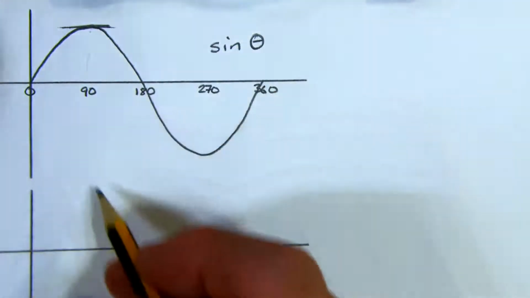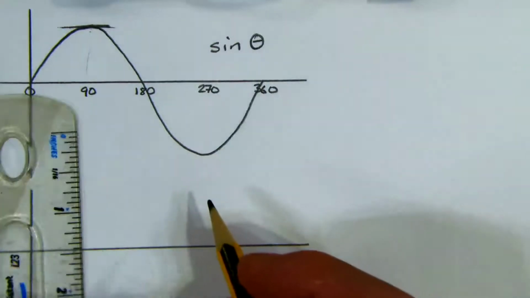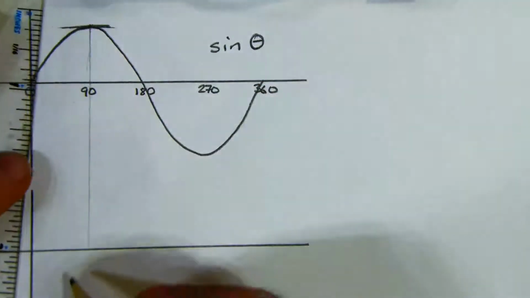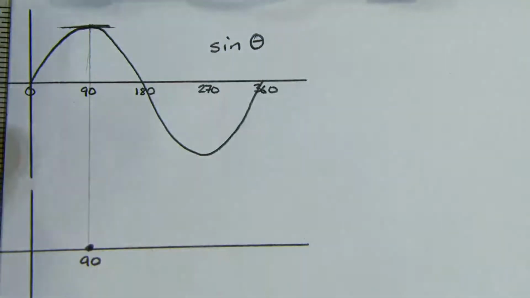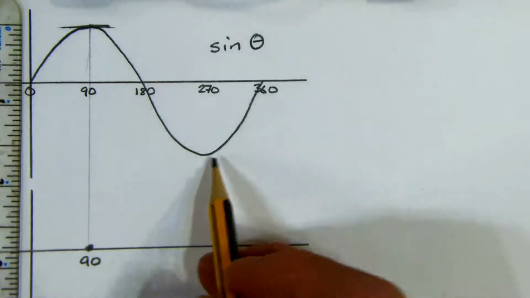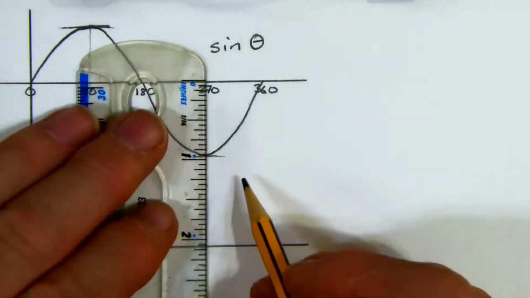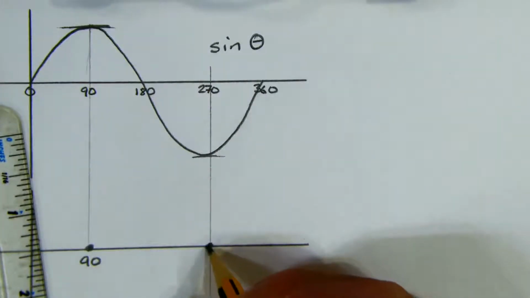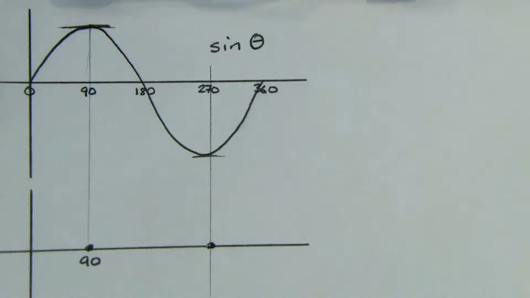So let's see if we can plot that on this graph. So that's going to be set at 0. And we can also see that when we've got 270, we've also got this set at 0.